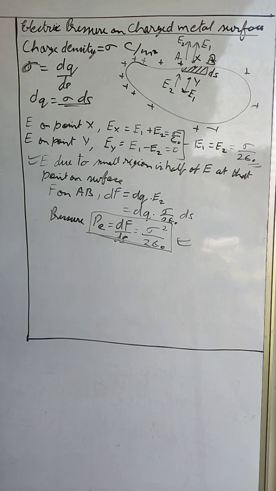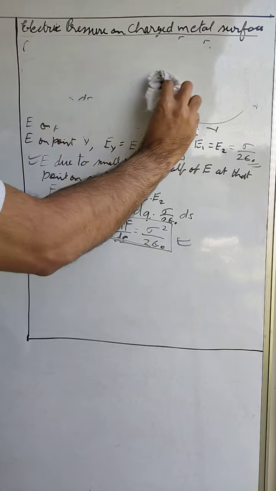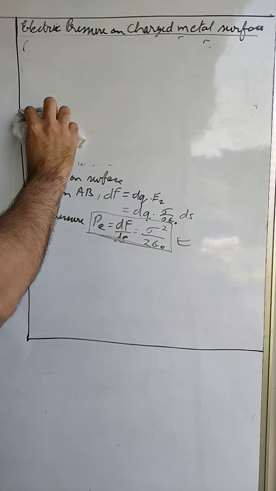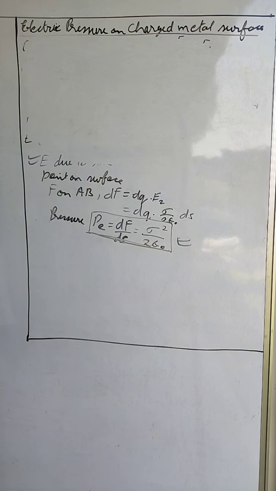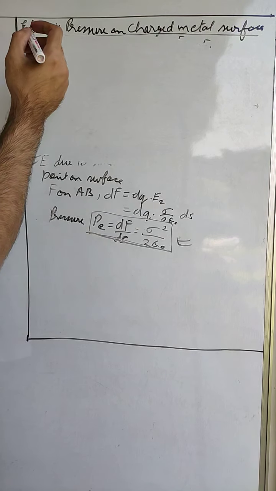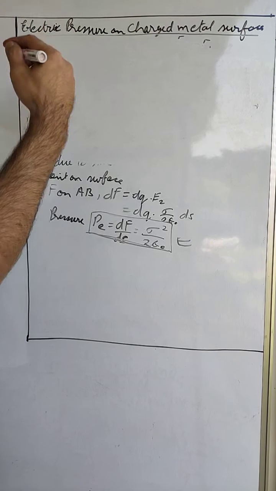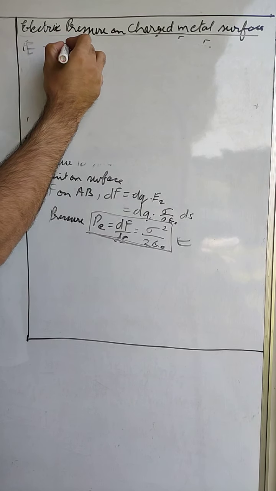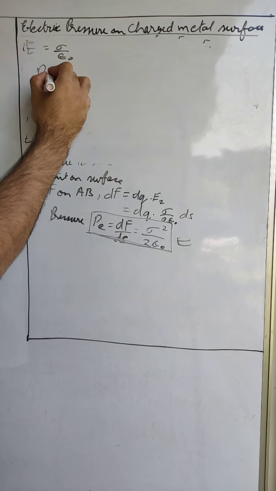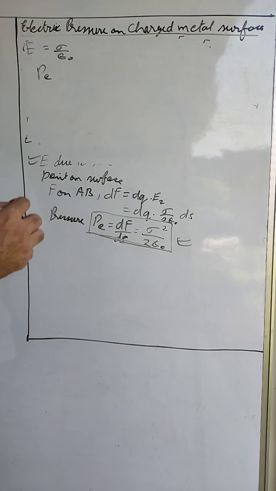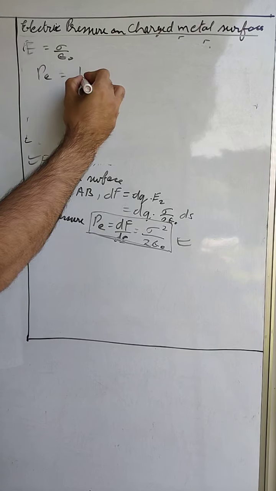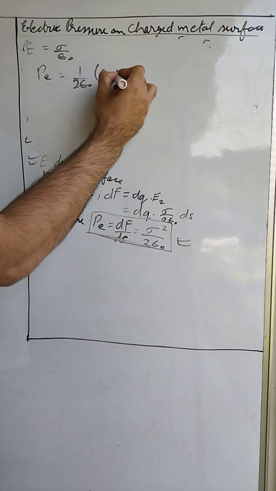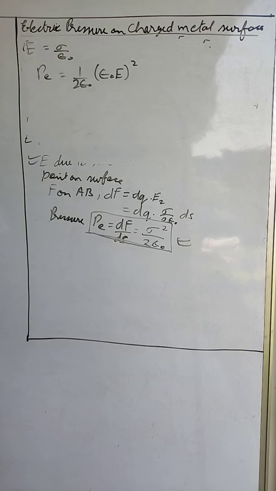Now another form of this result can be used. If the net field just outside the surface is E, and E is equal to sigma upon epsilon naught, then the pressure on the surface can also be found by using the value of force, because force equals Q into E, which we have done in previous videos.